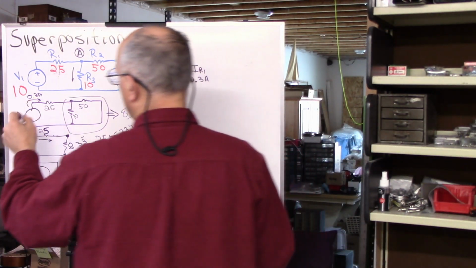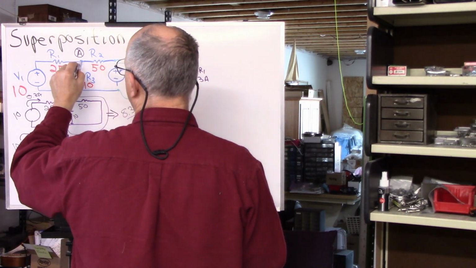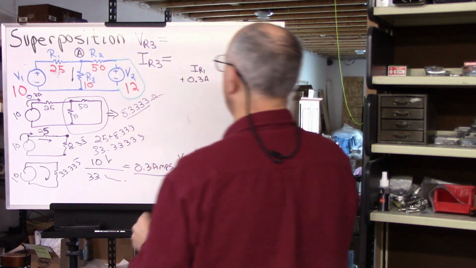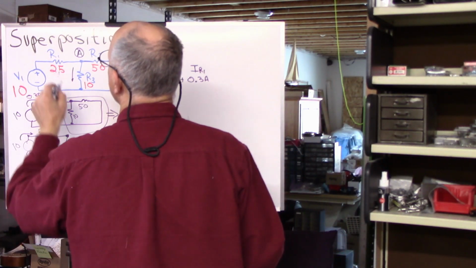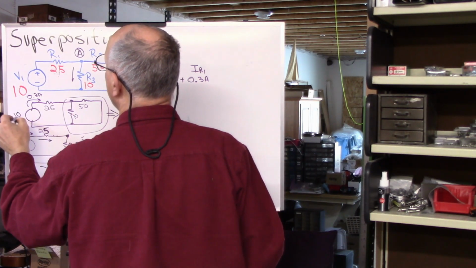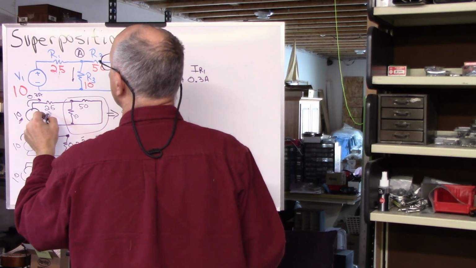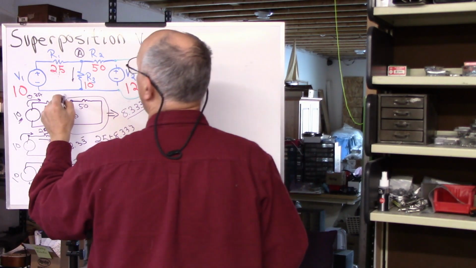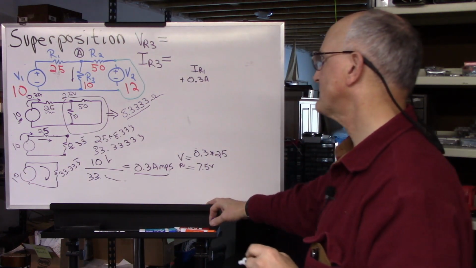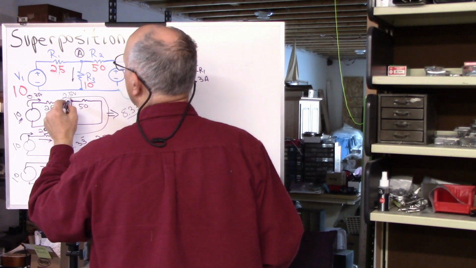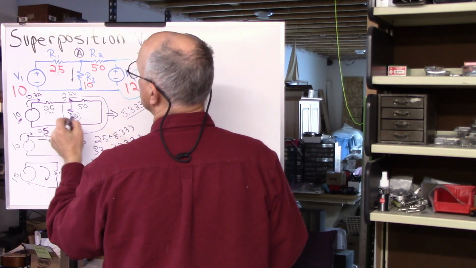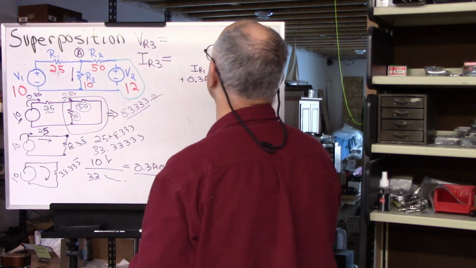From here to here is 7.5 volts, and we have 10 volts here. So the voltage at this point right here is going to be 10 minus the voltage drop across this, or 2.5 volts. Now we know the voltage at this point. It's the same voltage across this resistor and this resistor.